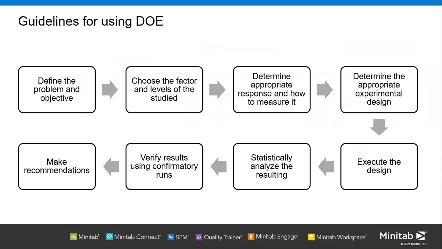Okay. So here are some guidelines to run the DOE. Of course, the first 3 steps here are that you define the project, and then you choose the factors and the levels, and then you determine the process, the response, and how to measure it.